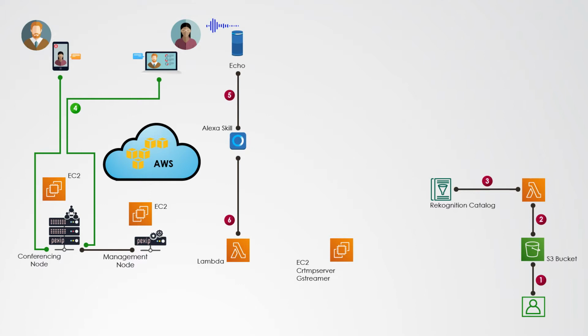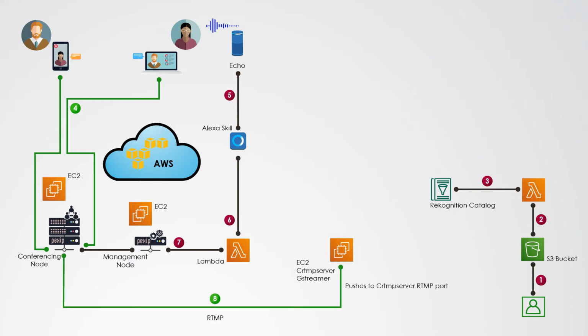This triggers a Lambda function I coded to perform the face recognition. This Lambda function will do several things. First, it uses the Pexip API to instruct the conferencing server to stream the video using RTMP to the CRTMP server hosted on the additional EC2 instance.